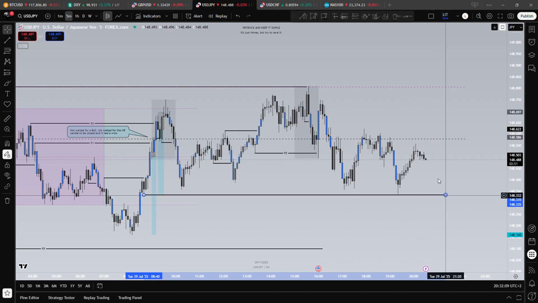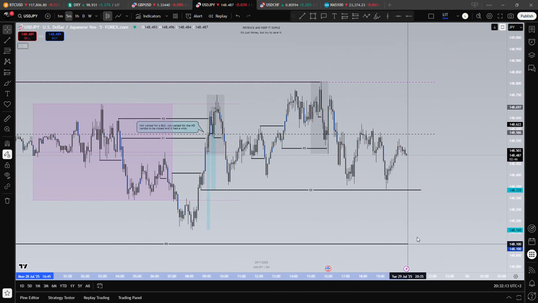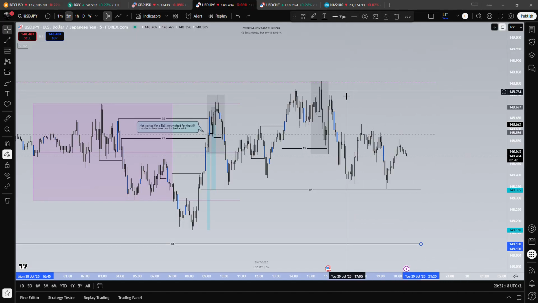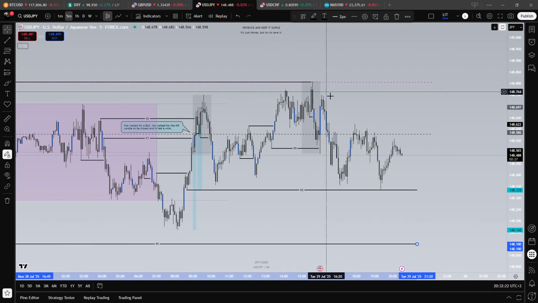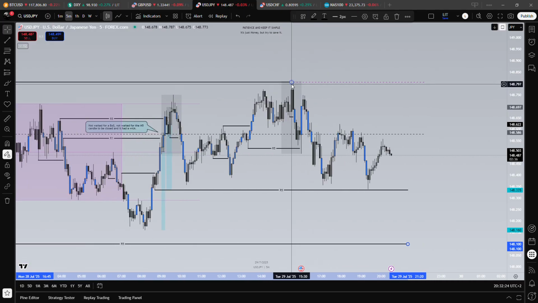Wow, here we have a lot of liquidity. So probably it can go down and take all of these and then go up, I don't know. And then we had this previous weekly high here that it perfectly took, break of structure to the downside after playing around here.